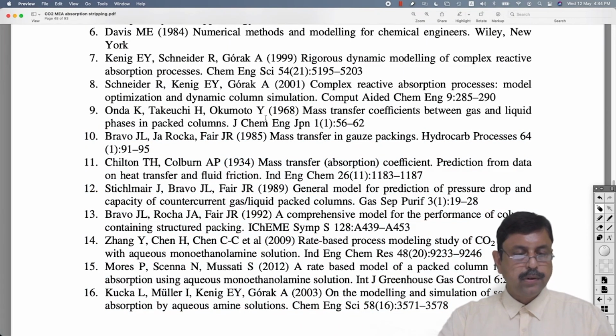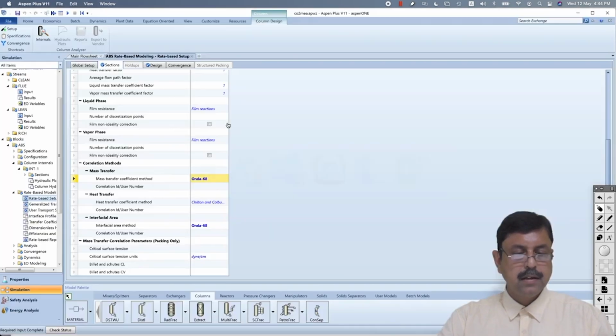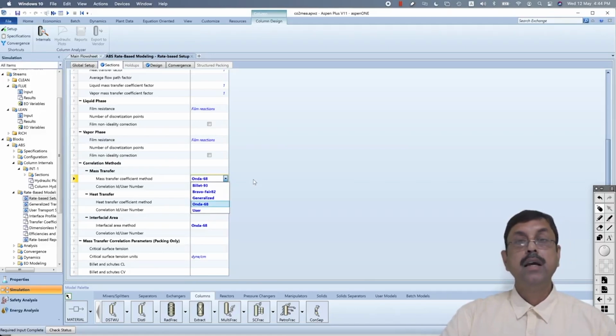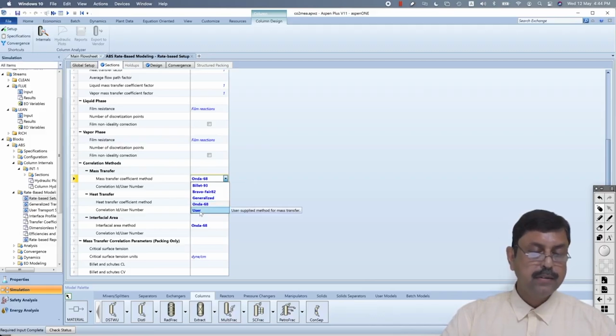Okay, so Onda 68, they have chosen Onda 68 by default. So we will keep it. If you have something of your own, you can use it as user-based, but then you have to supply the model.